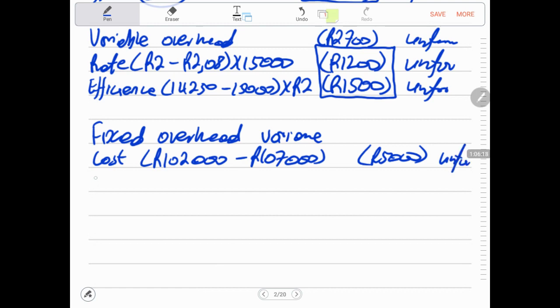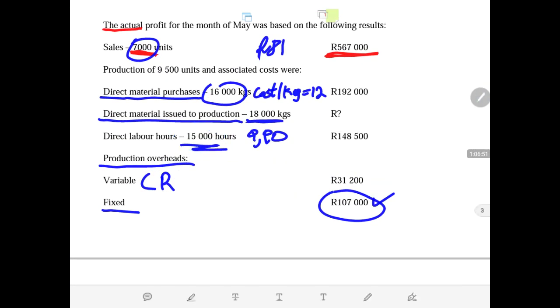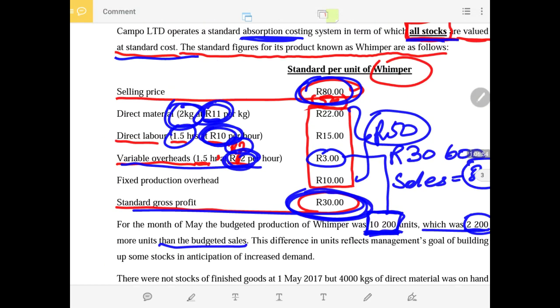Then we go to fixed overhead volume, and fixed overhead volume will be, if you remember, budgeted hours normally minus actual hours times the standard rate. Because we are not given the budgeted fixed overhead based on labor hours, it was based on production.